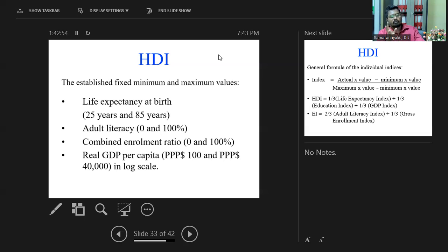So I think we know what per capita income means, right? Are you okay with that, or do you need me to clarify what real GDP per capita or PPP means? Are you okay with this, or do you need any further clarification?